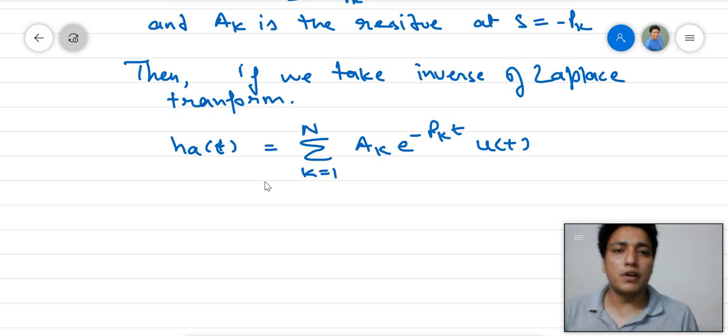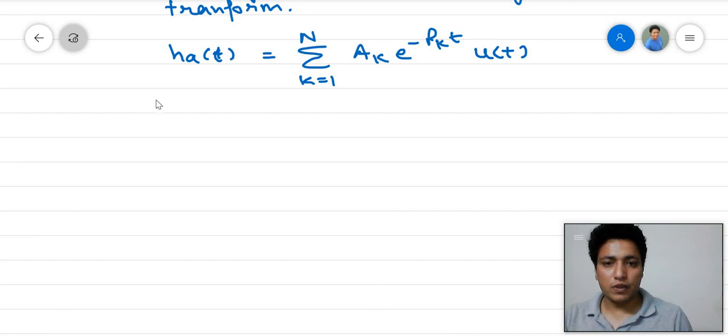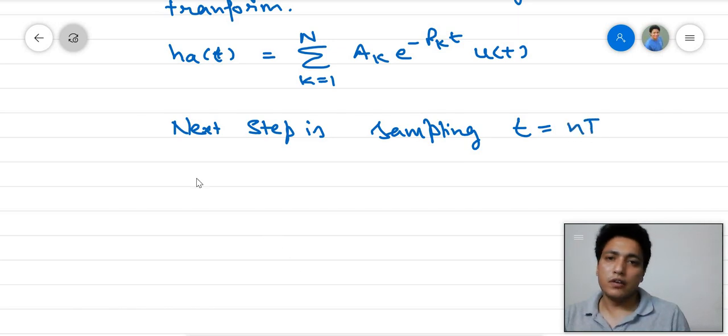This part we have already discussed with the support lecture for the stability of the Laplace transform. So the next step is sampling at t equal to nT.